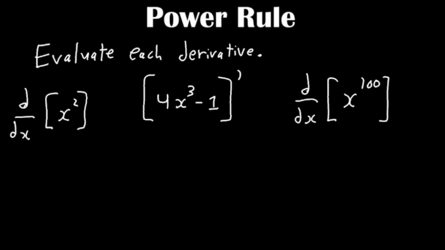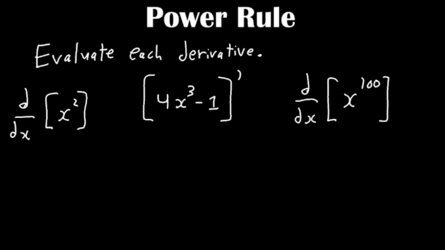Alright, now we're going to get some practice with these derivative rules. This is mainly for the power rule, but it does incorporate some of the other rules, like the constant and the sum, or difference, I mean.